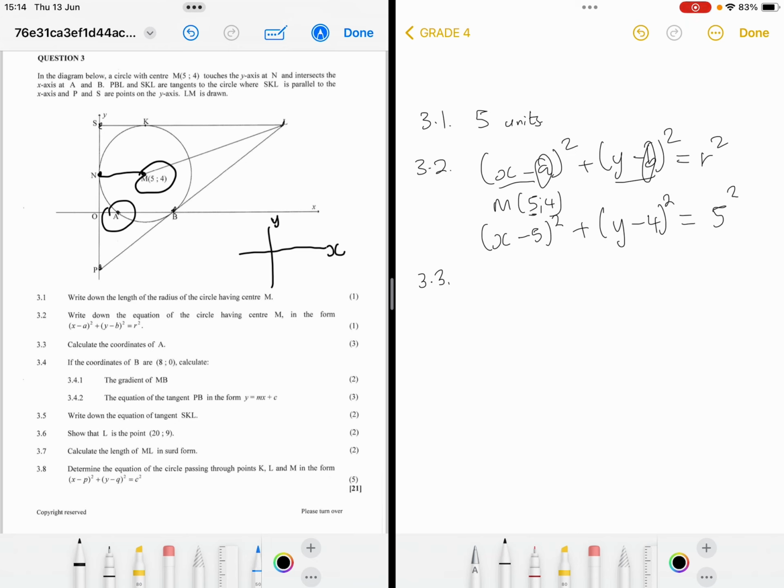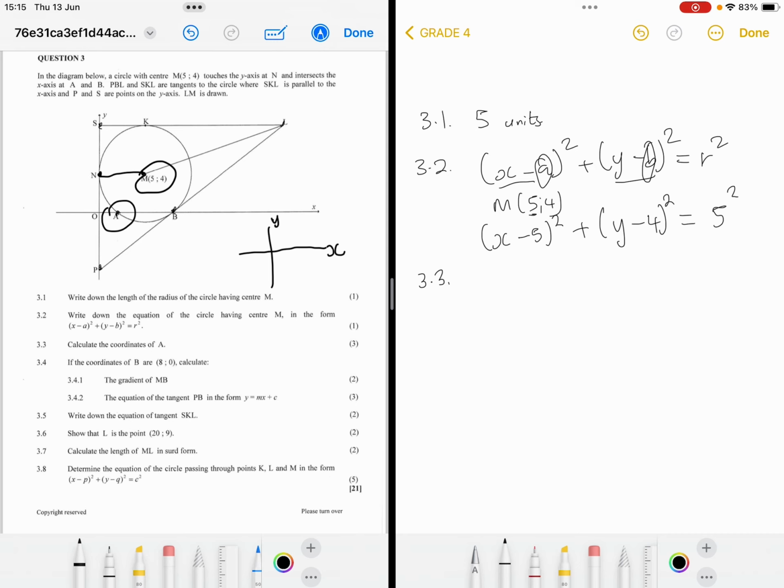It means it's the x-intercept. You're going to have two x-intercepts there, which are A and B. When you solve, you get two intercepts. We take the smaller value of x for A, because A comes before B.